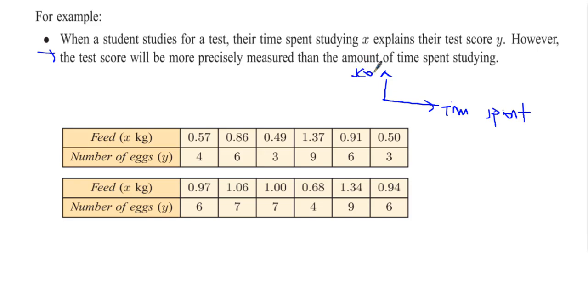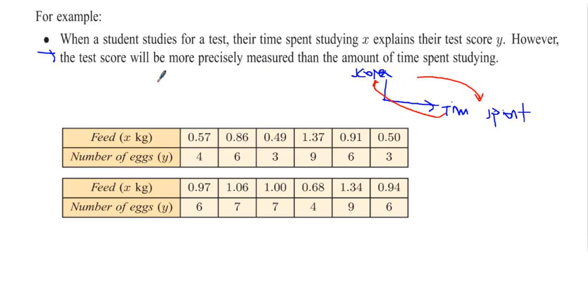But we know that the score can be more precise and more exact as the explanatory variable. So it will be more accurate if I take the score as the explanatory variable, and the time spent as the response. So maybe in some questions you will go both ways.